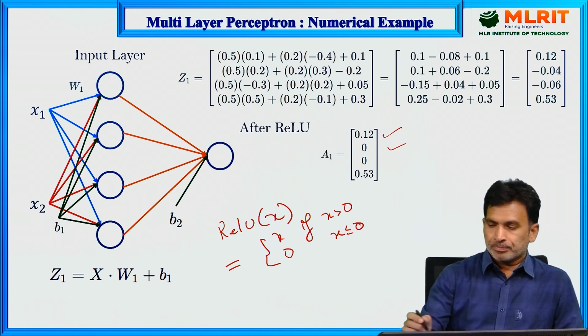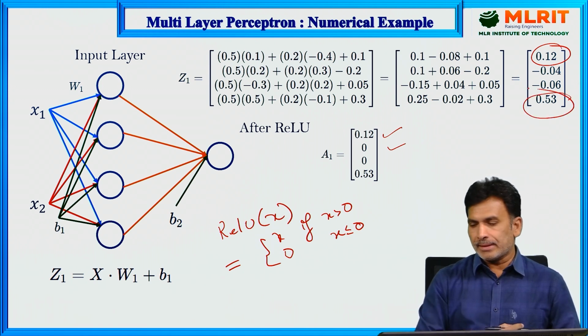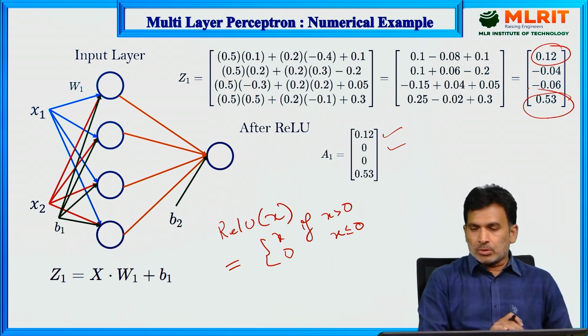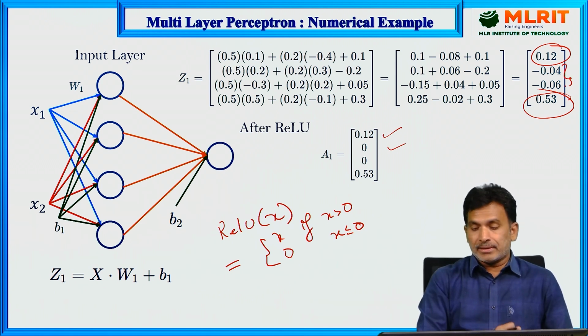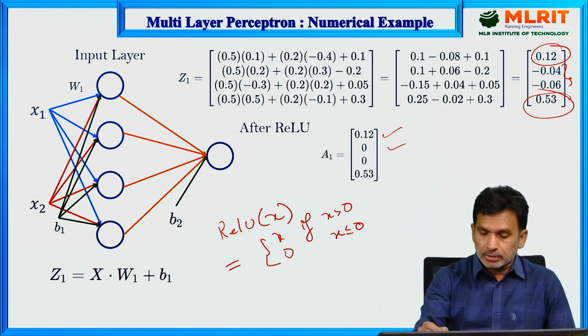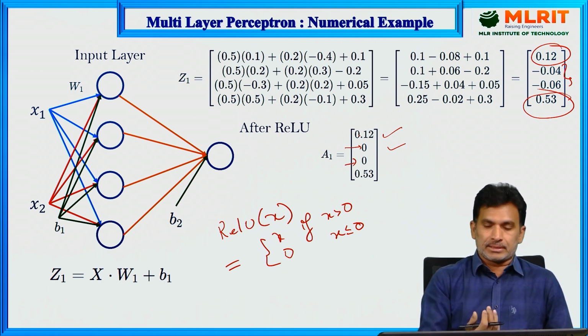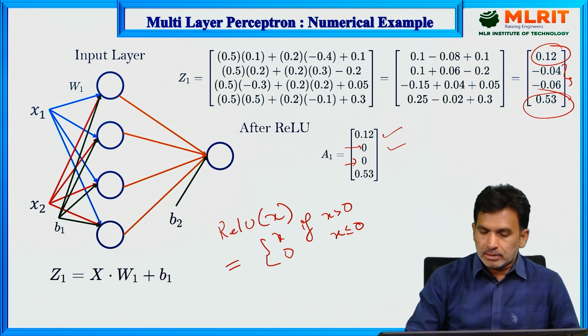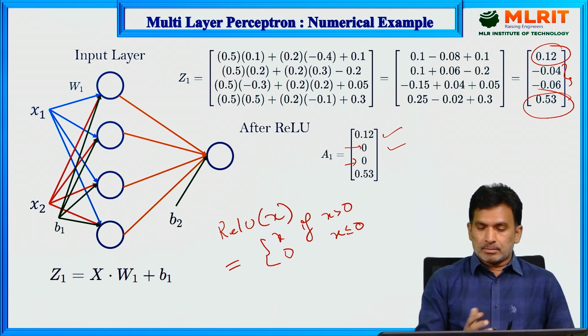These are the values which are greater than 0, and the remaining two are negative values, less than 0. That's why for those it produced the output 0, and for the remaining values it produced x as it is. This is the way the rectified linear activation function works.